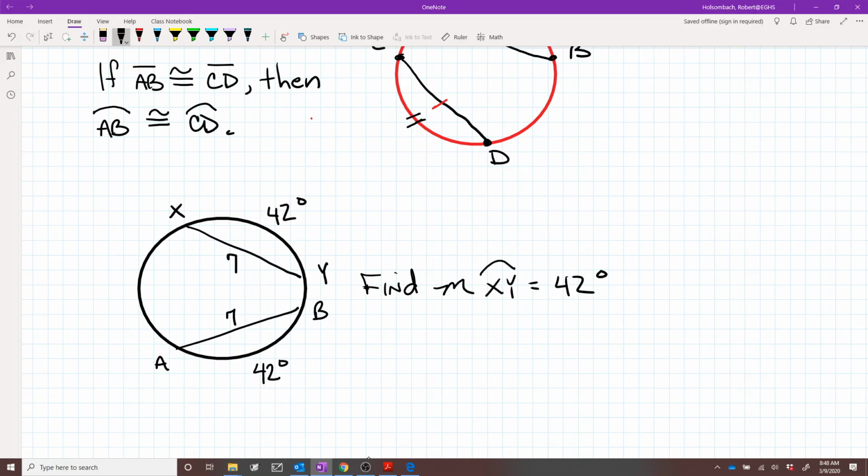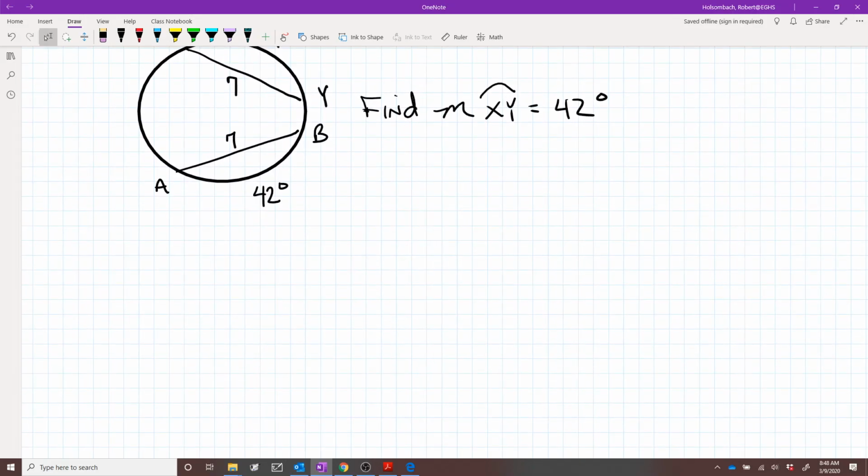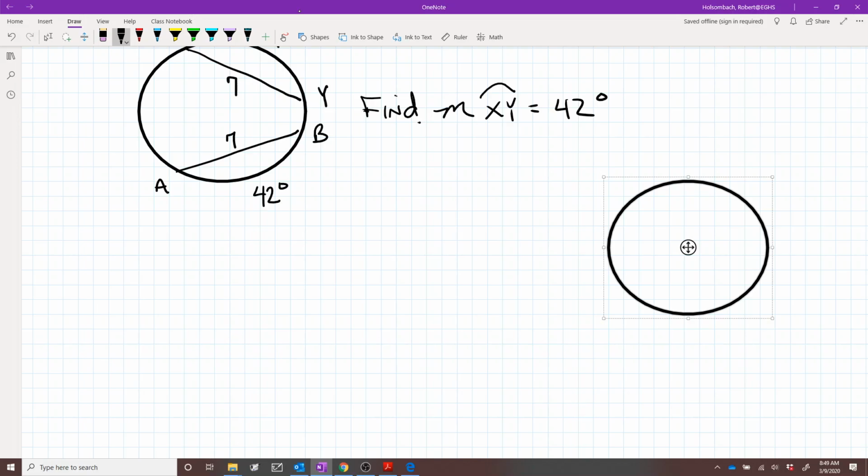Look at the top of page 716. Here's another example of the theorem. You've got chord right here, NM, and another chord, PQ. In the book, they're in separate circles, but you're told that the circles are congruent.